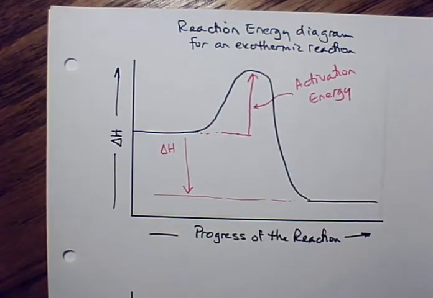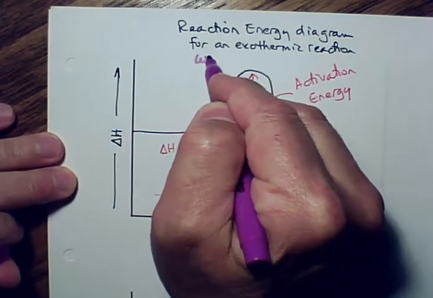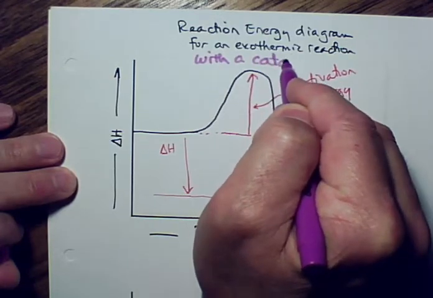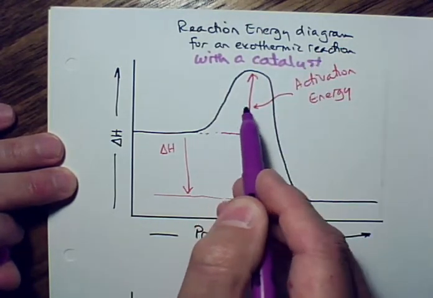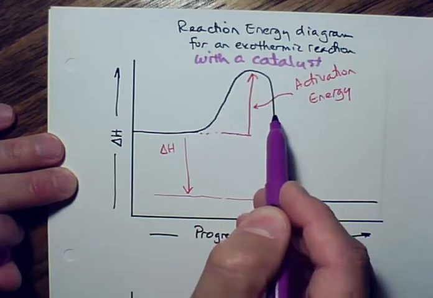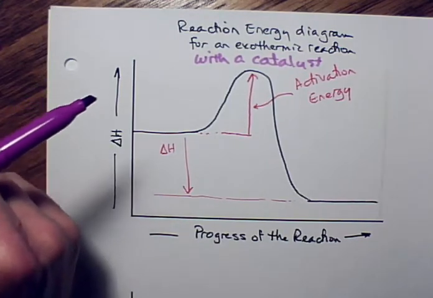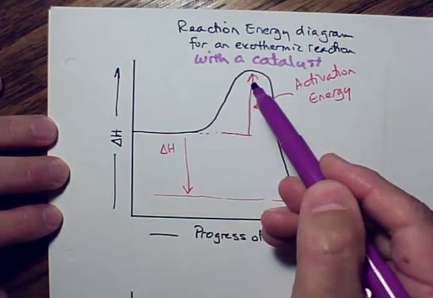Now, if we want to look at what's happening with a catalyst, a catalyst just reduces the amount of activation energy required. A lot of times we think about catalysts speeding up reactions, and they have the effect of doing that, but the reason they do is this is the slow part of the reaction.